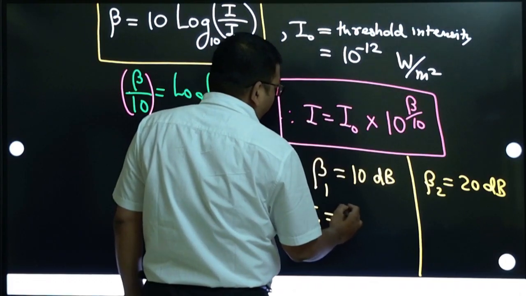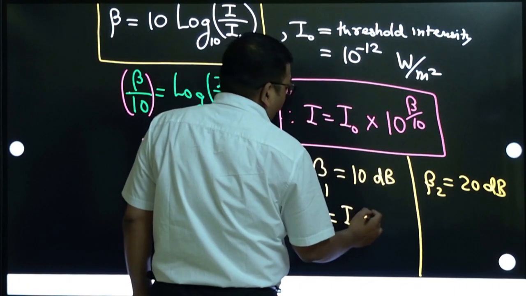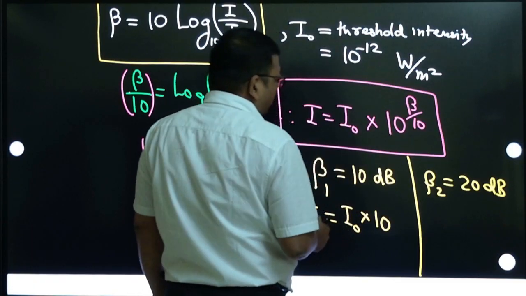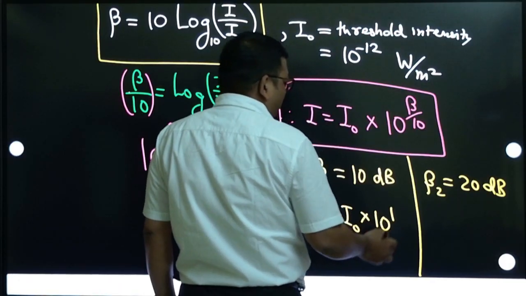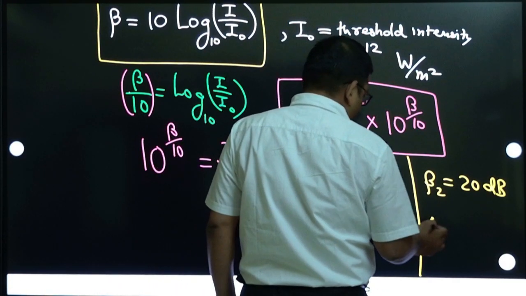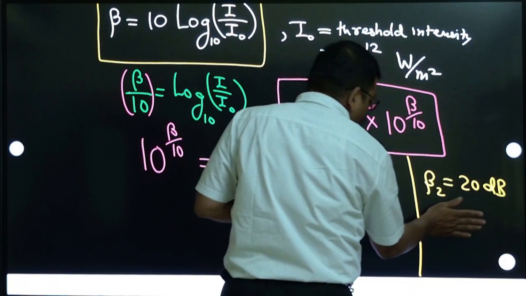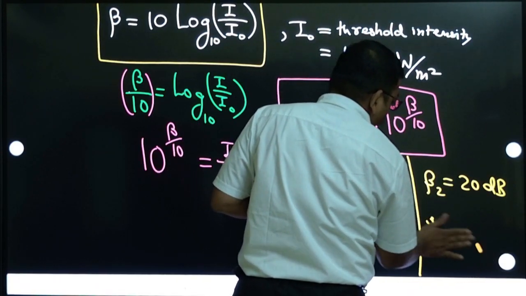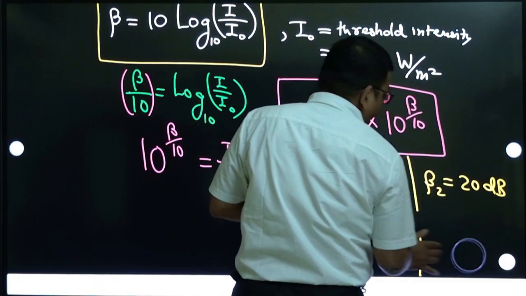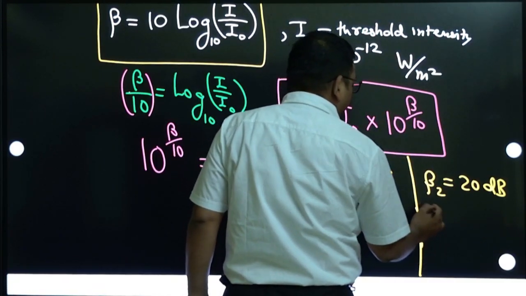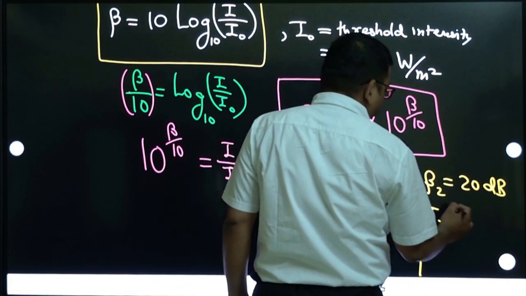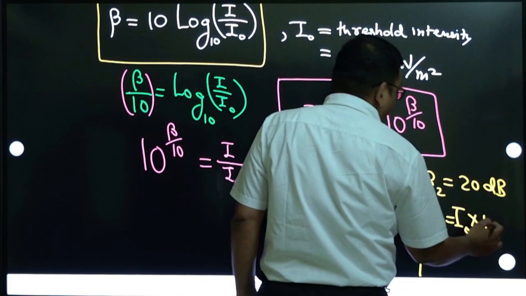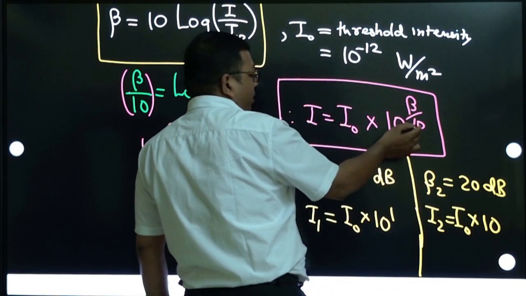I1 will become I naught into 10 to the power 10 by 10, which is 10 to the power 1. Intensity 2, what will be intensity 2? Calculate I2 the same way: I naught into 10 to the power 20 by 10, which becomes 10 to the power 2.